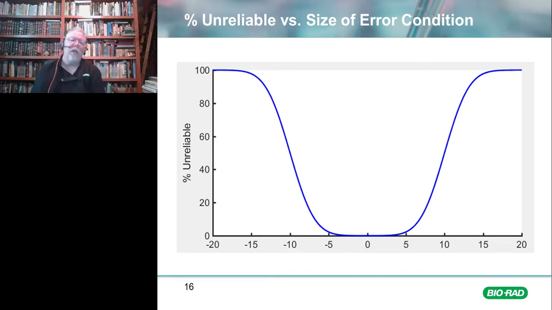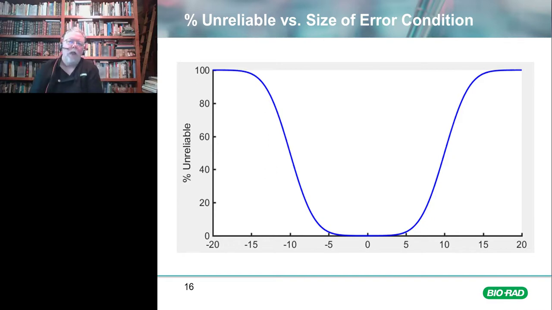This is one of the key characteristics we want to look at when determining the implications of measurement error and what happens when it increases. How does that impact the patients I'm testing in the presence of that error?